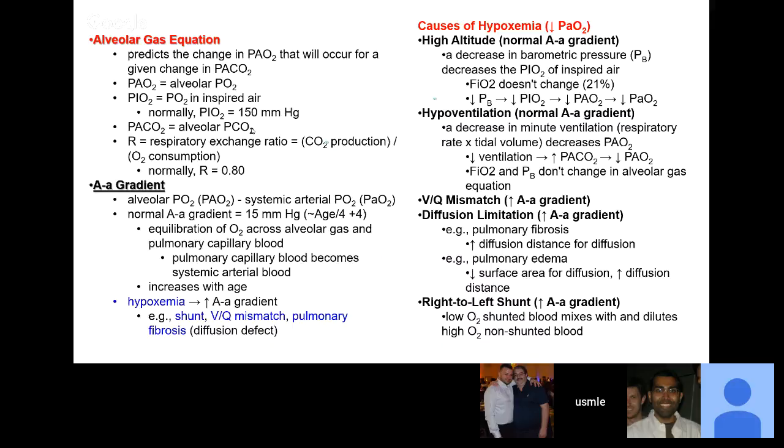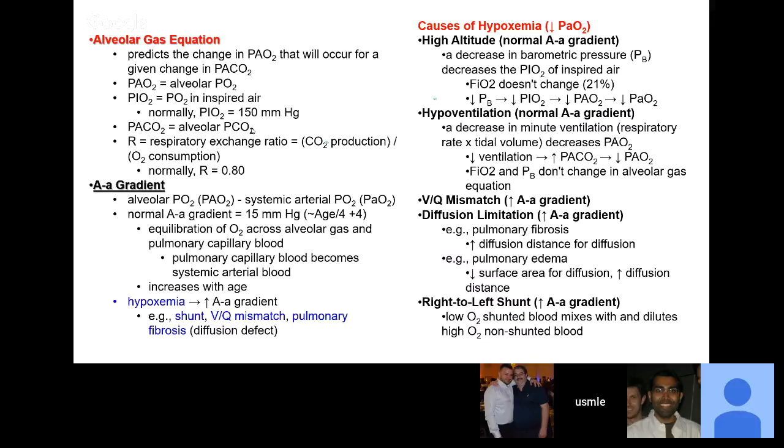So what's going to happen in this situation is that you have a constant FiO2, which will be around 21%, but everything else is going to decrease. So the end product of all this is a decrease of the arterial oxygen pressure, and all this is because the barometric pressure is decreased.